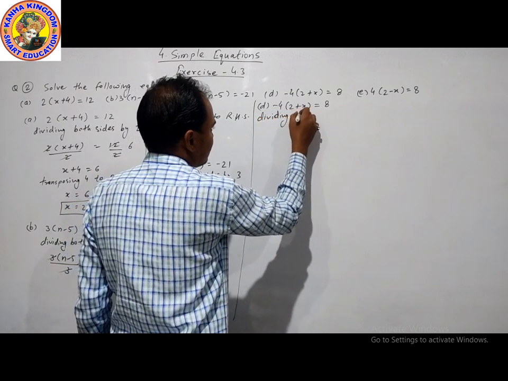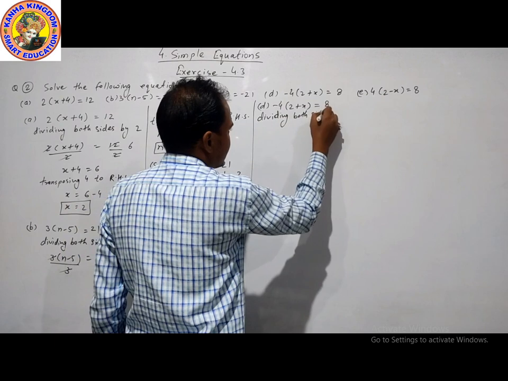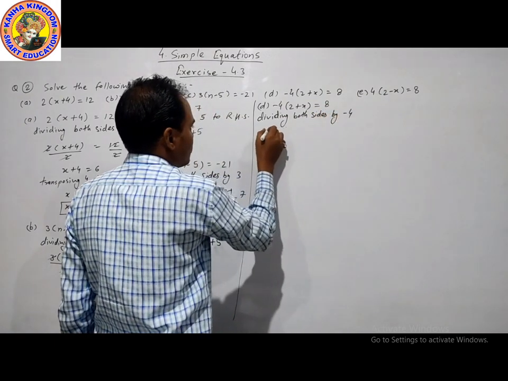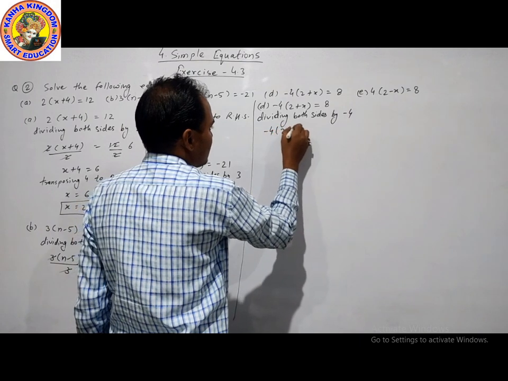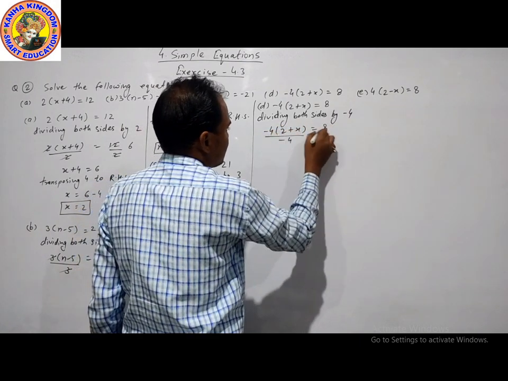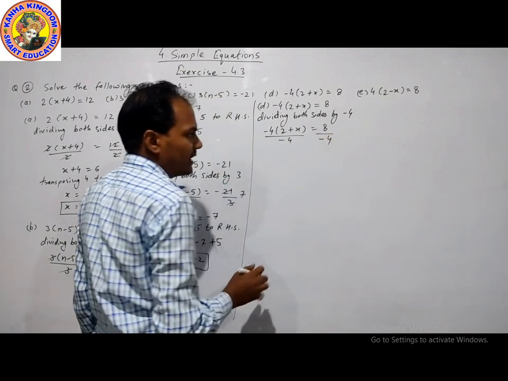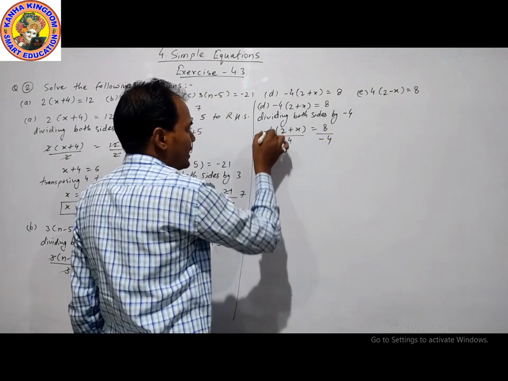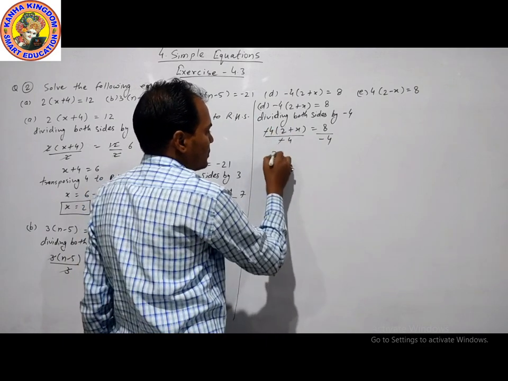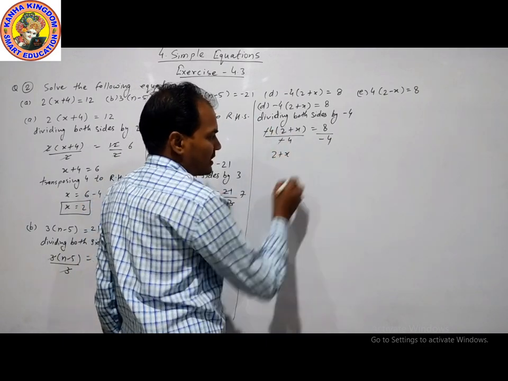Dividing both sides by minus 4. So the equation is minus 4 into (2 + x) is equal to 8, divided by minus 4 and divided by minus 4. Minus and minus can cut, 4 and 4 can cut. So here is 2 plus x.